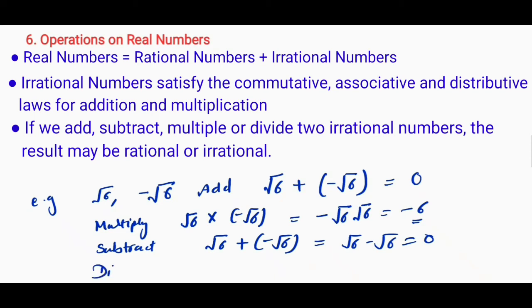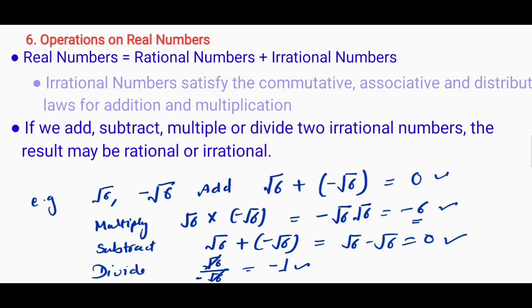And if I divide square root of 6 by negative square root of 6, they will get cancelled and I will be left with minus 1. We know all these, 0, minus 6, 0 and minus 1, are not irrational numbers, they are rational numbers. So we can say that if we add, subtract, multiply or divide two irrational numbers, the result may be rational or irrational.